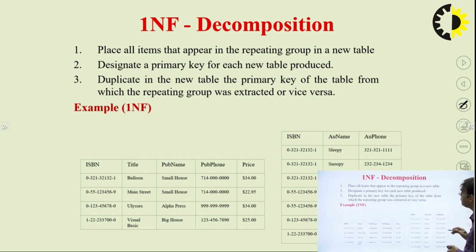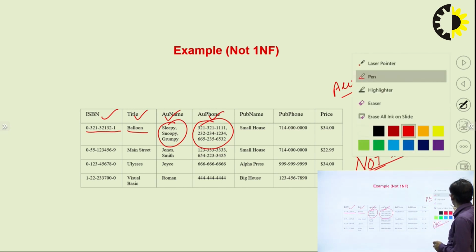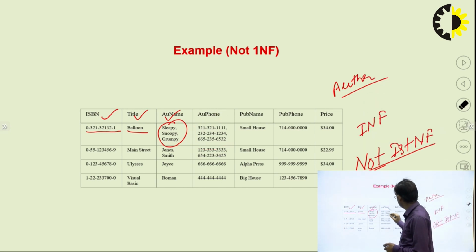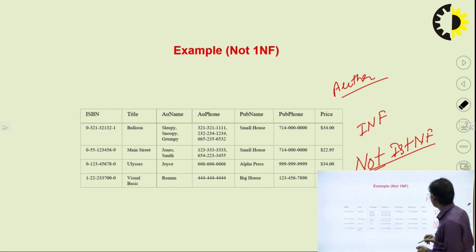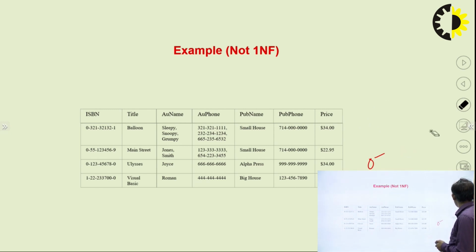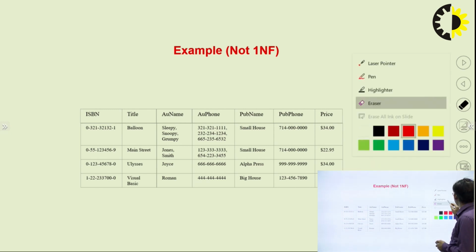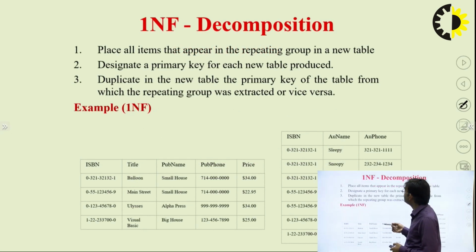Now we have to decompose. Let's suppose this is the table. This table is not in the first normal form, and we have to convert it into first normal form. How do we convert? There are some steps we have to follow. The first step is to place all items that appear in the repeating group into a new table.